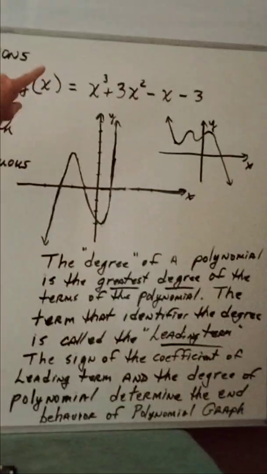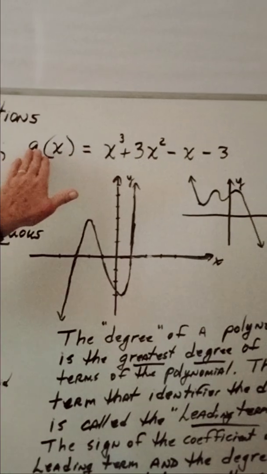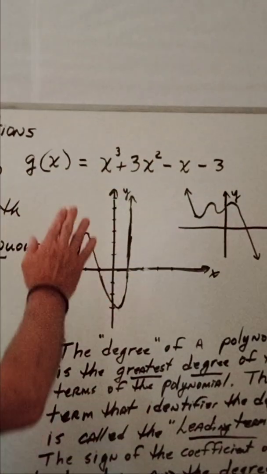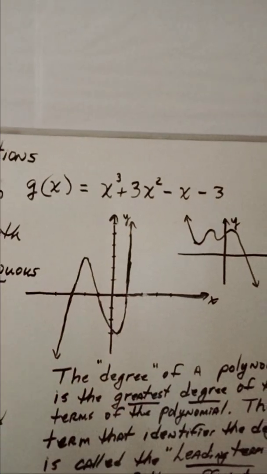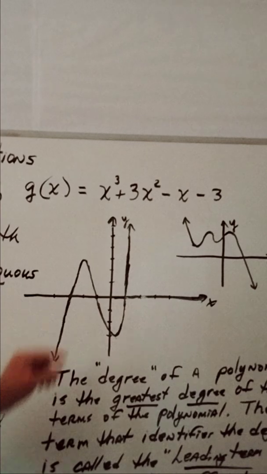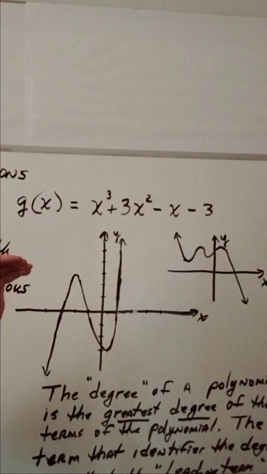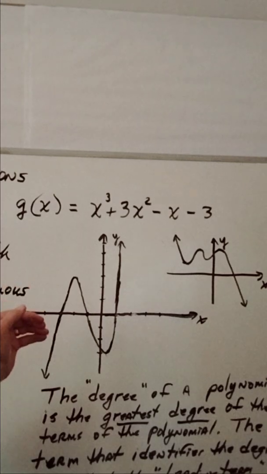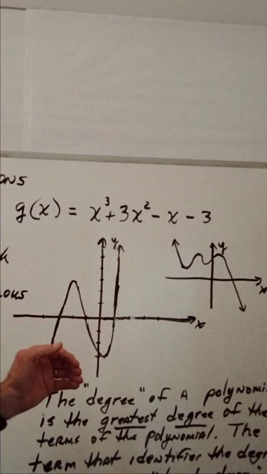Let's come up to this one right here. Now this is a polynomial function. Let's look specifically at the polynomial expression. It is a polynomial that contains 4 terms. The degree of a polynomial is the greatest degree of any term that makes up the polynomial.